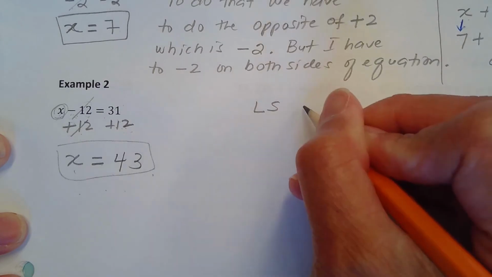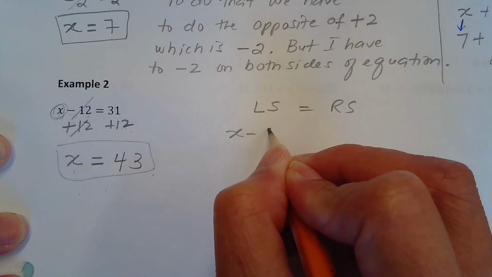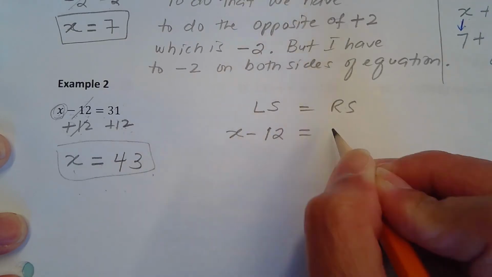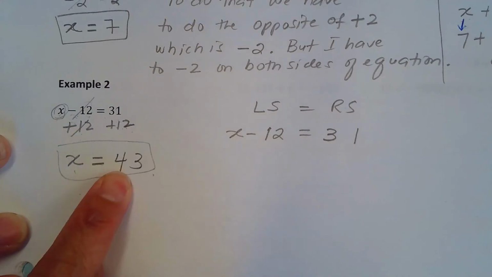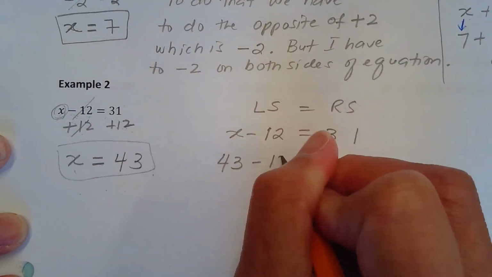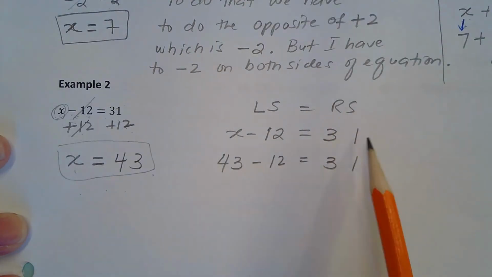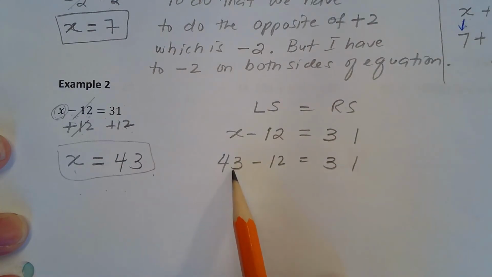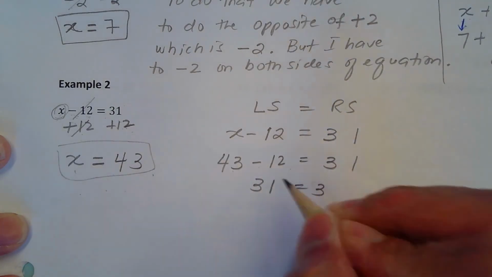Left side equals right side. Left side is x minus 12 equals 31. We just figured out it's 43, so we're gonna put 43 here. Okay, and this one is still 31, and then you go 43 minus 12, it's 31 equals 31, so yes, it's correct.